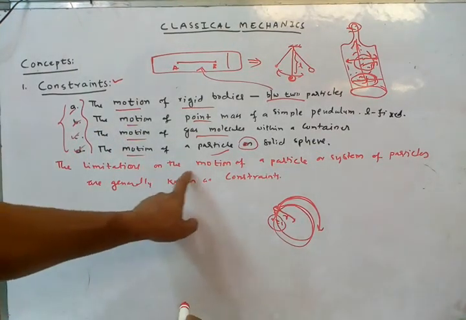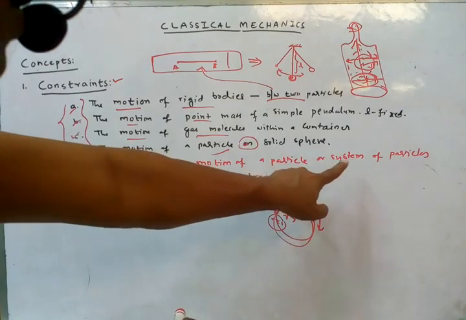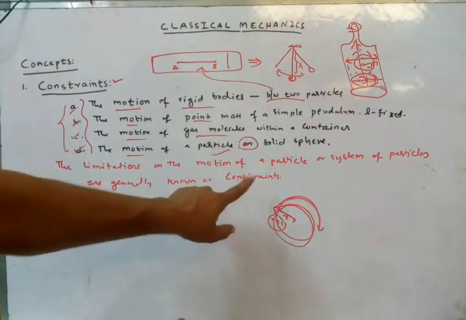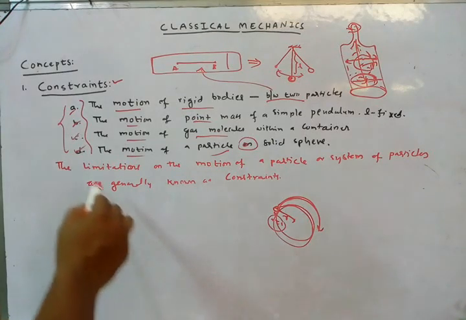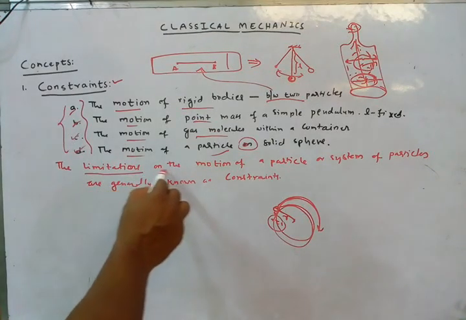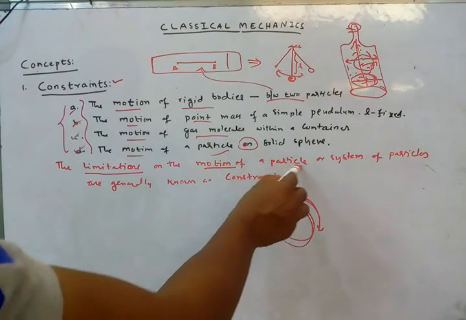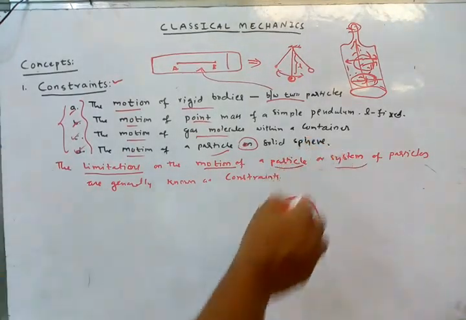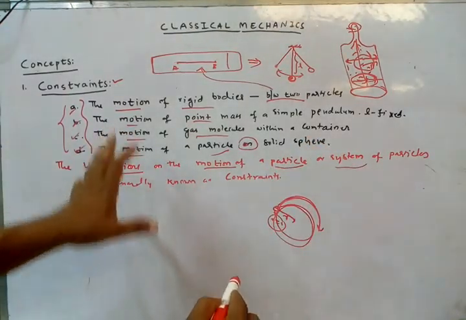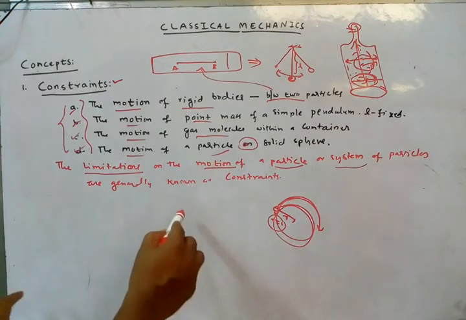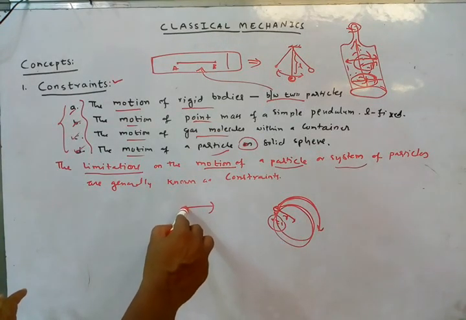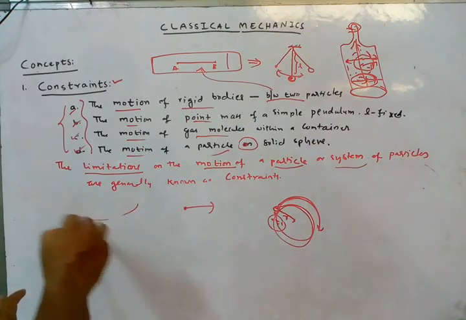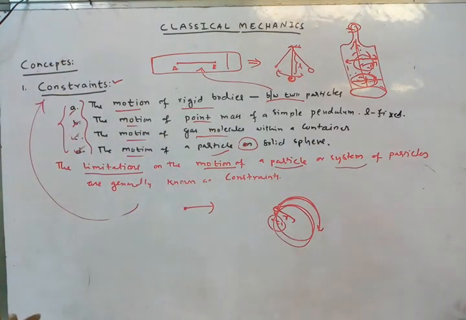The limitations on the motion of a particle or a system of particles are generally known as constraints. The particle is moving, but if there is any restriction on it, we can call it a constraint.